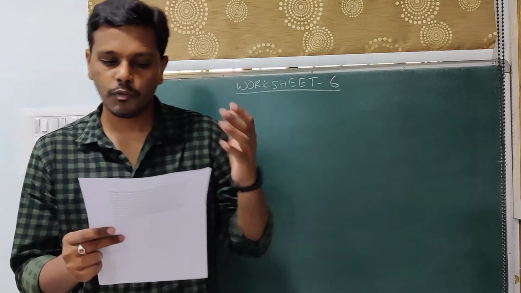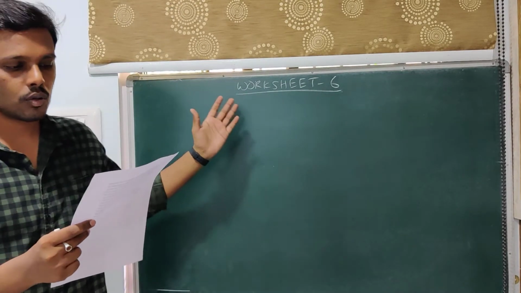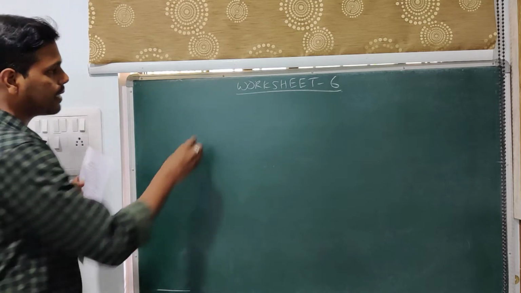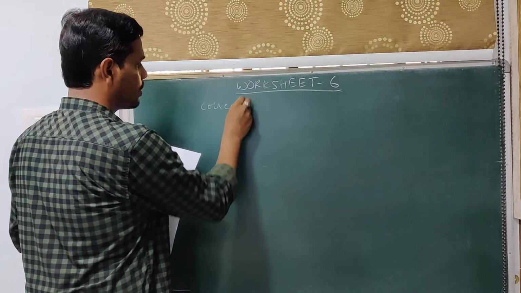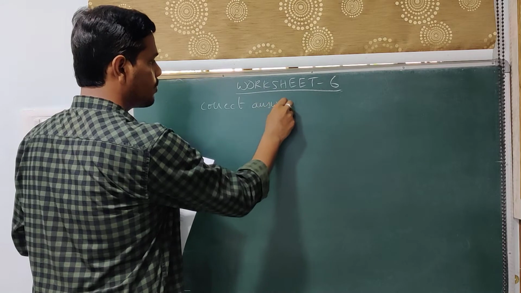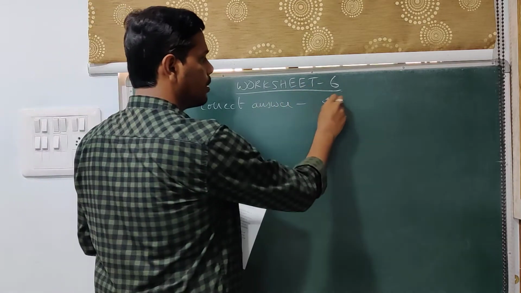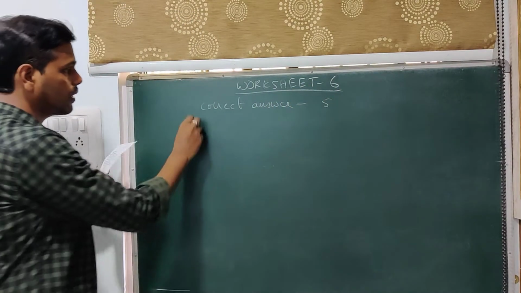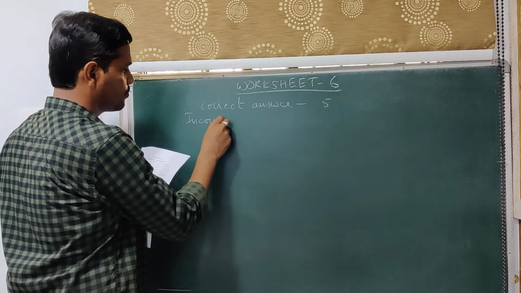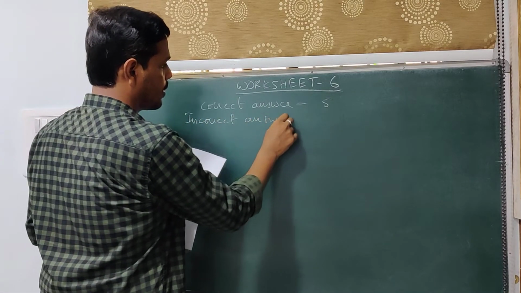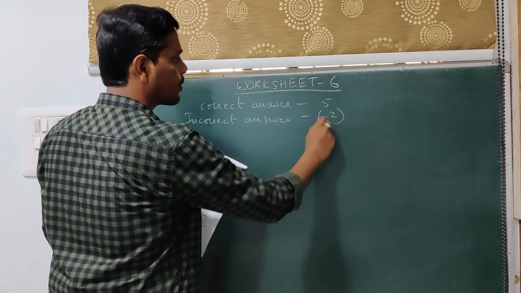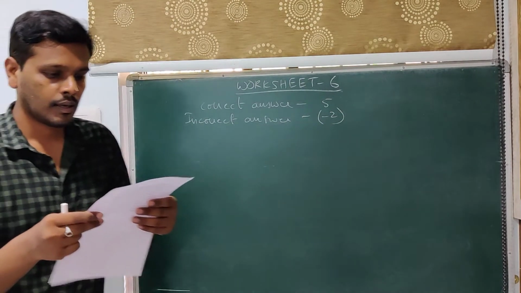Okay. So before we get into the problem, just put down all the details that are given. For every correct answer, the candidate gets 5 marks. For every incorrect answer, the candidate gets minus 2 marks.